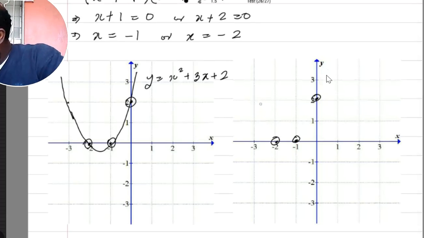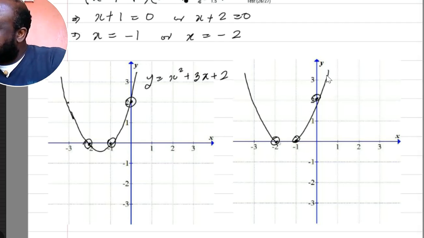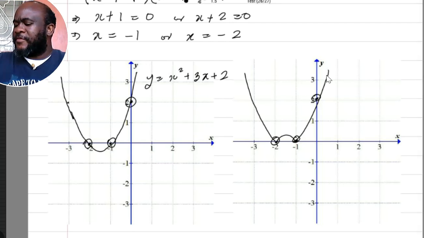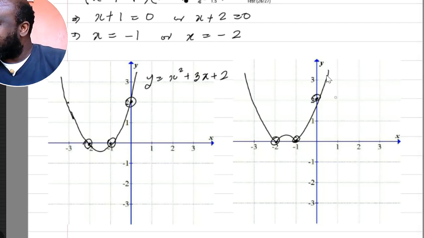All I need to do is simply reflect the section that is below the x-axis to above the x-axis.